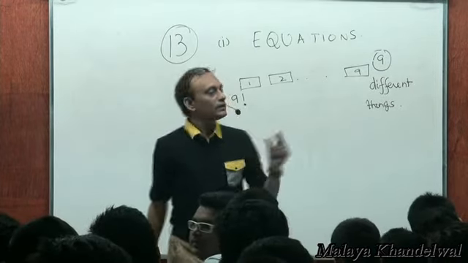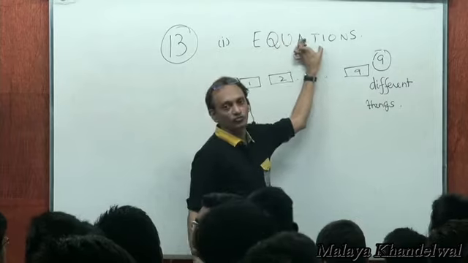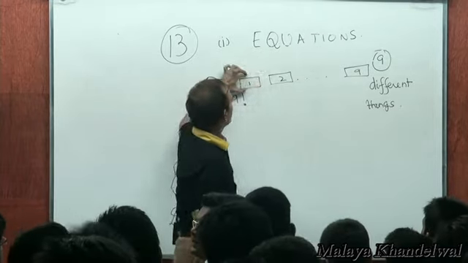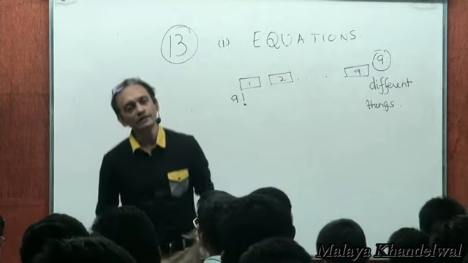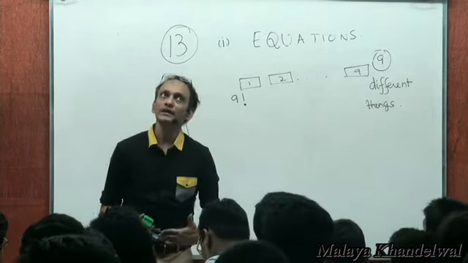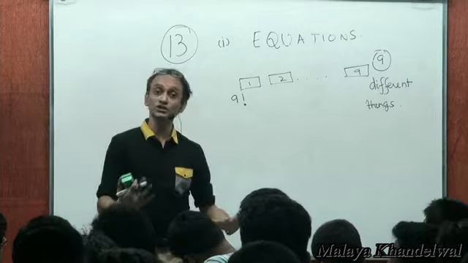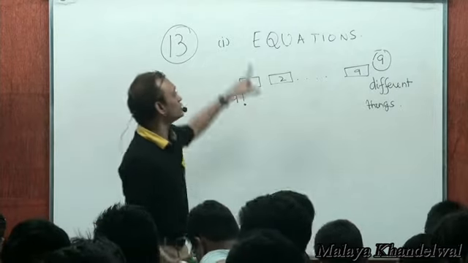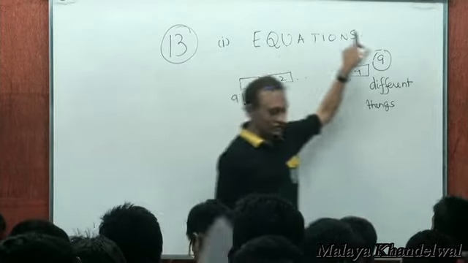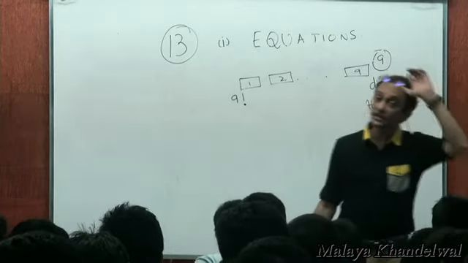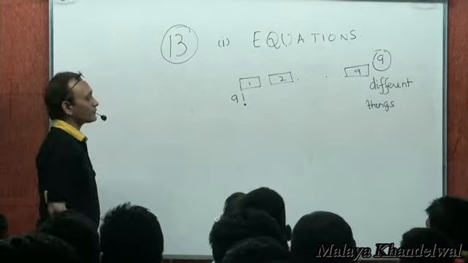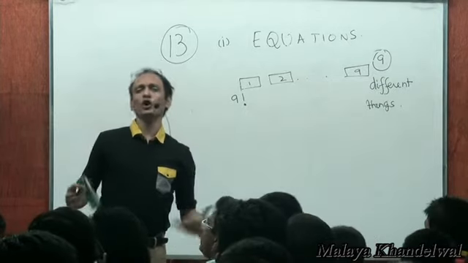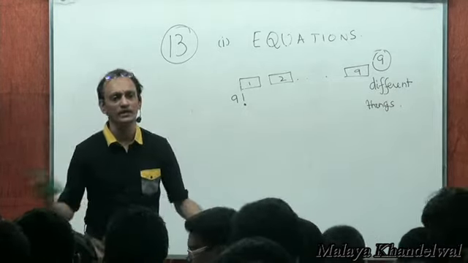So it's like 9 different things, 1, 2, 3, 4, 5, 6, 7, 8, 9, to be arranged in 9 spaces. In how many ways can we do that? 9 factorial. So we say 9 factorial permutations of these 9 different things. That's what we say. Got me? Permutations means the order in which they have to be arranged.